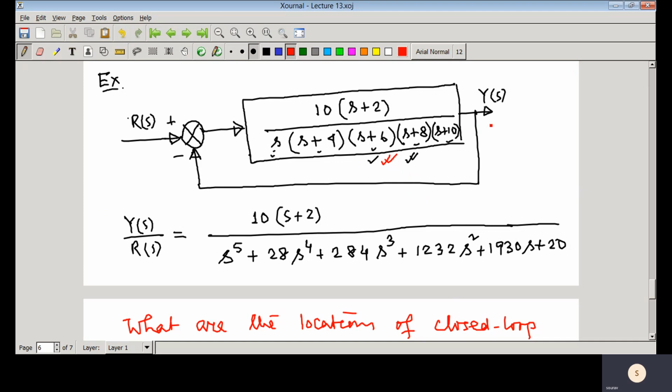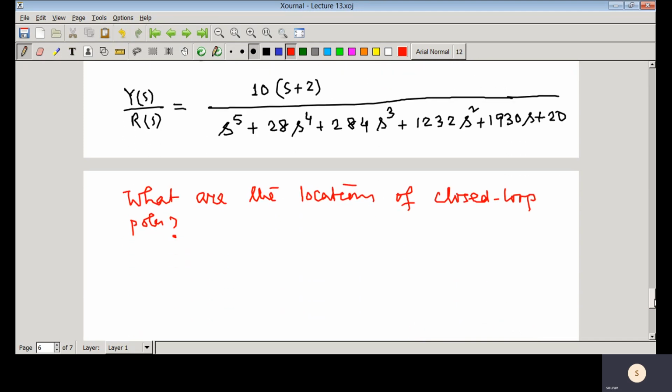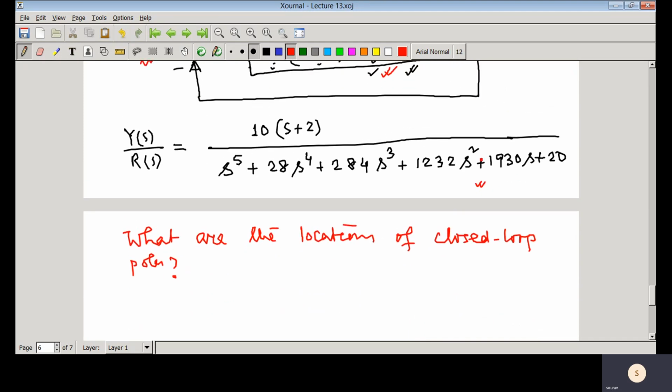But whenever we close that loop, we need to understand whether this closed loop system is BIBO stable or not. Here we can see the transfer function and the characteristic equation, and the roots of this characteristic equation are the poles of the system.